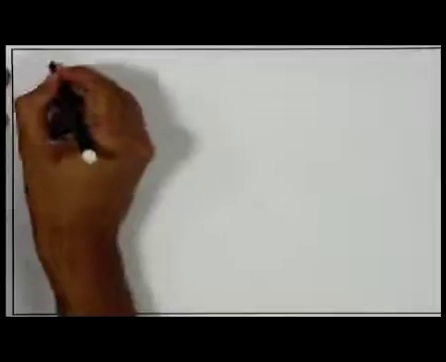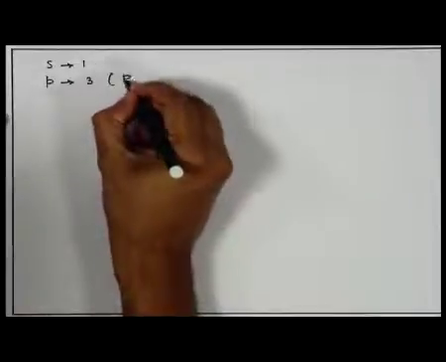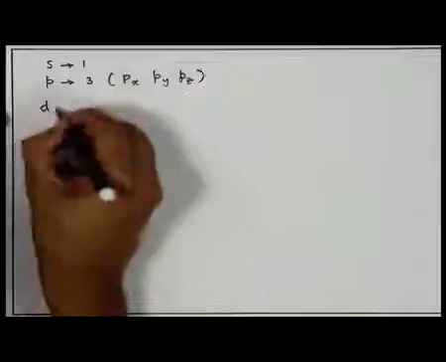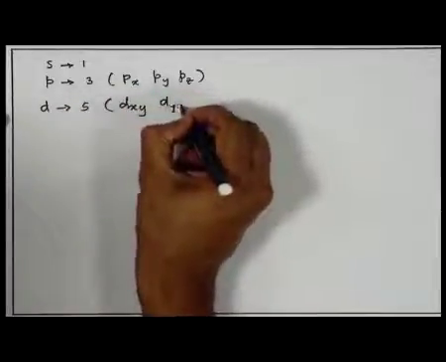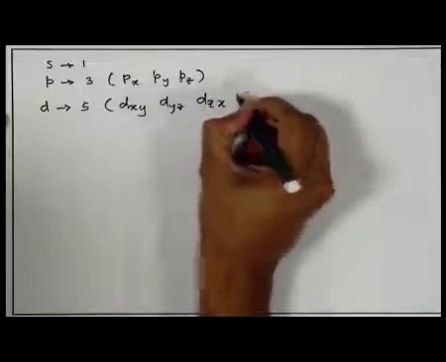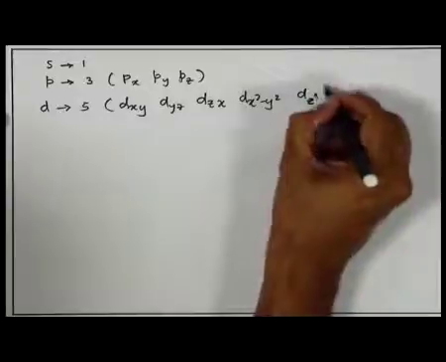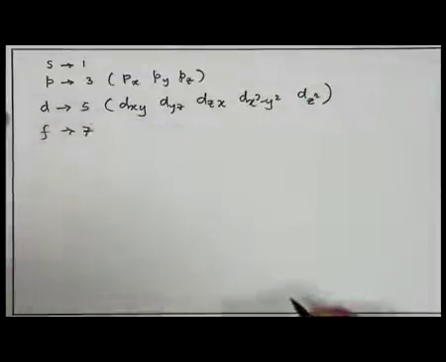We saw that s orbitals can be oriented in one way, p orbitals can be oriented in 3 different ways, we call them px, py, pz. D orbitals can be oriented in 5 different ways: dxy, dyz, dzx, dx square minus y square, dz square. And f orbitals can be arranged in 7 different orientations.